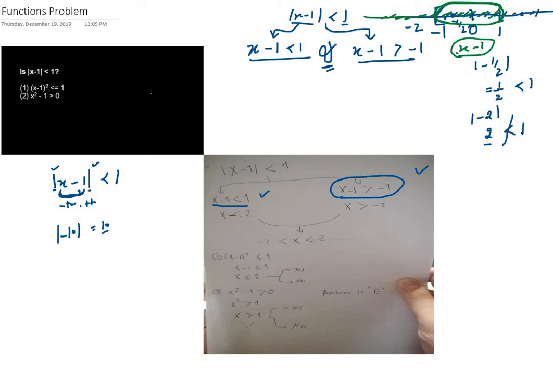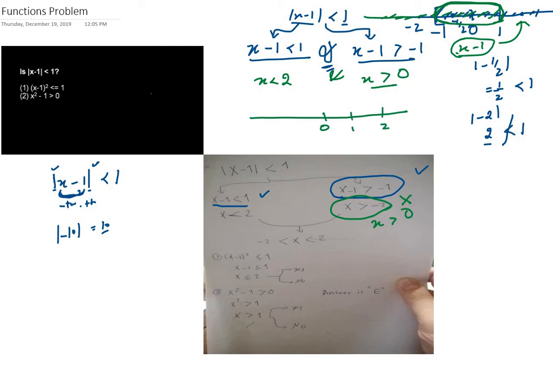So let's further simplify it. x less than 2 and x greater than 1 minus 1 is 0. Here you made the mistake: when you take minus 1 to the other side, it will become x greater than 0. This was the number line for x minus 1. If we draw the number line for x, it will be 0, 1, 2.